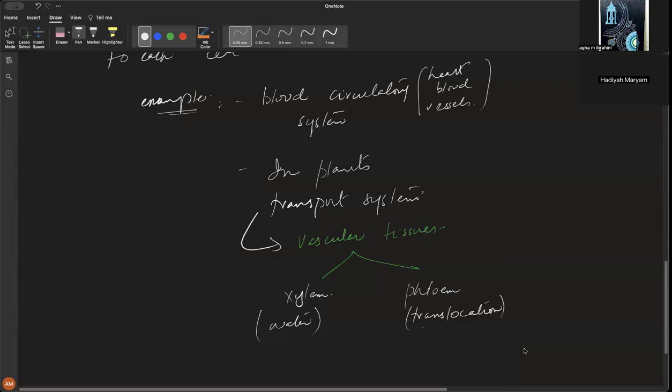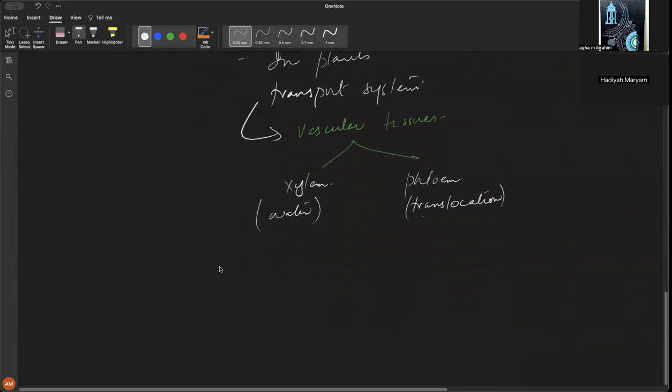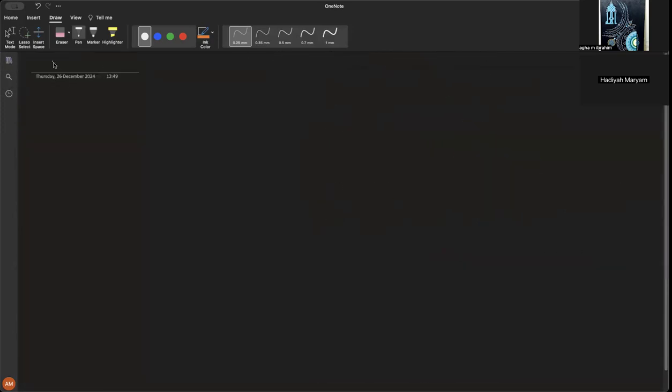Right, so let's discuss. For each of these components, we are going to be discussing their position or location, their appearances. We're going to be discussing their function and their adaptation and structure. So let's start with the xylem vessel, right? Xylem tissue.